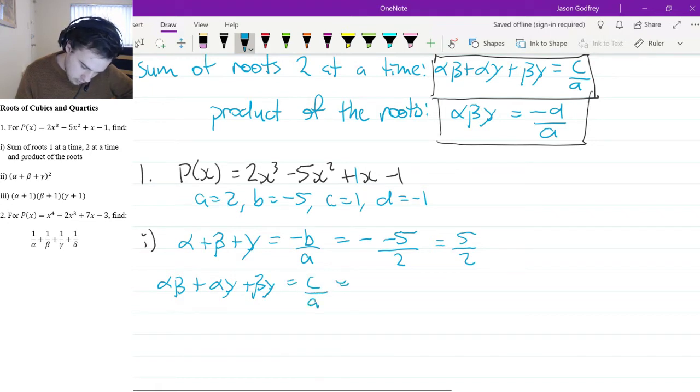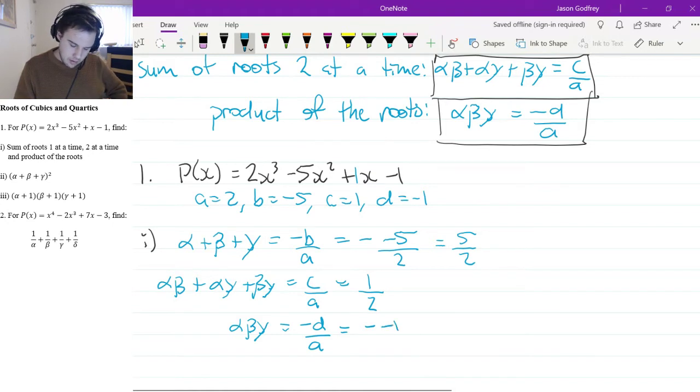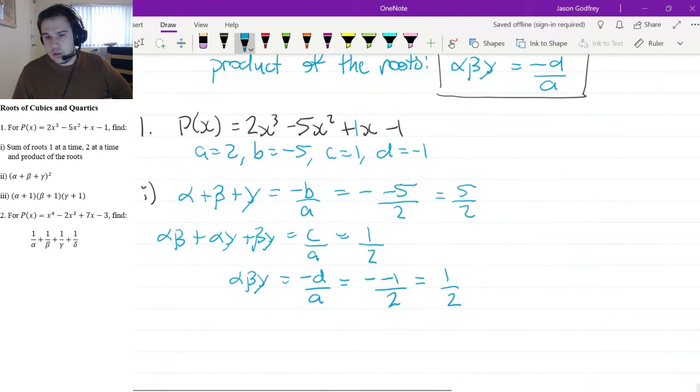So c is 1, on a is 2. We're done. And the product of the roots alpha beta gamma is negative d on a, and d is negative 1. Negative negative 1 on a is 2, so that's a half.